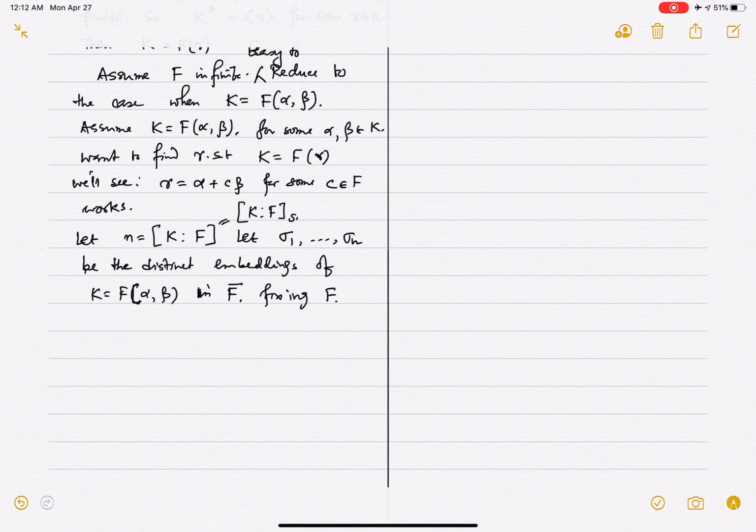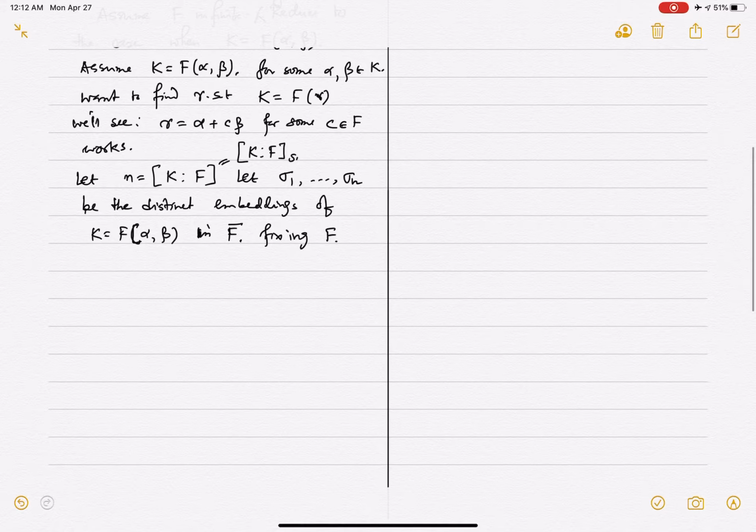So there are n distinct embeddings of K in the algebraic closure. Then I'm just giving them names.